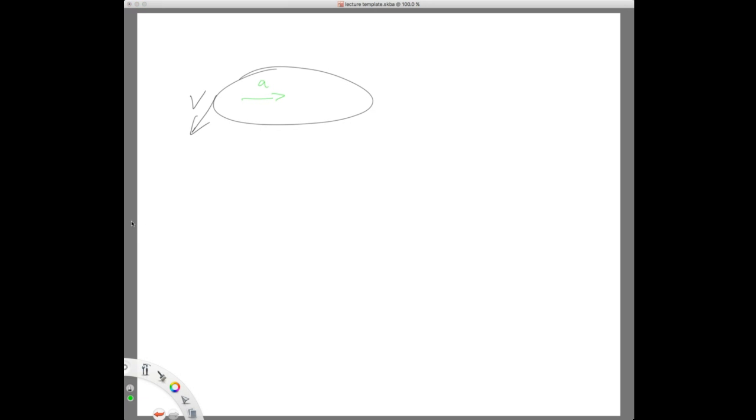And we worked out a formula for the magnitude of this. This is known as centripetal acceleration, and our formula was a_centripetal equals v squared over r.